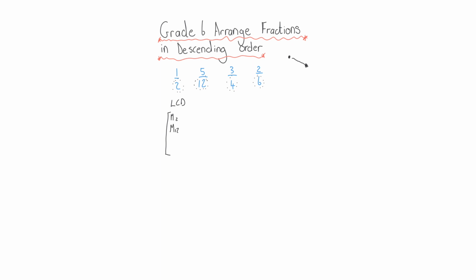Then the next one will be multiples of 4. And multiples of 6. Okay, so this is where I got the multiples. So let's just begin from the beginning. Multiples of 2, 12, 4, and 6. Okay, so this is the first step to success.